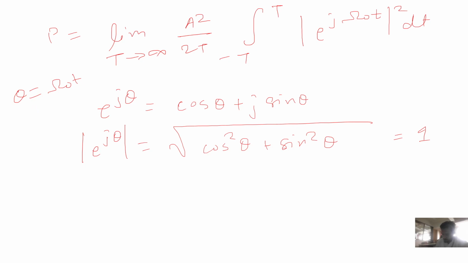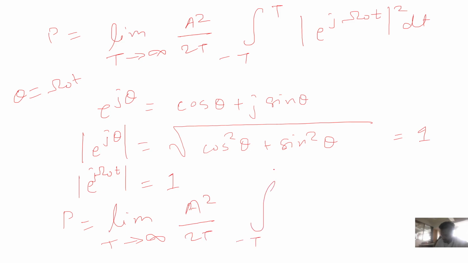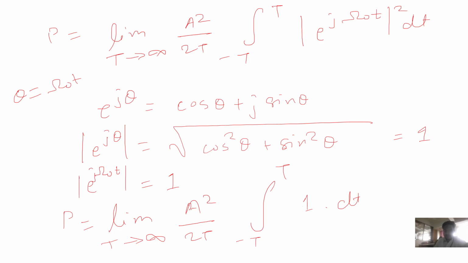Therefore mod of e raised to j omega 0 t is going to be 1, and if I put that over there, it is going to be limit t tends to infinity a square by 2t integration minus t to t 1 into dt. Am I clear up to this point? Any question? Yes, sir. Okay.